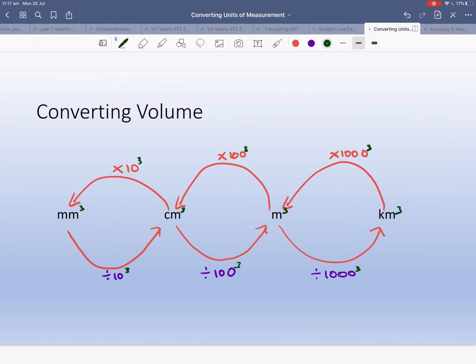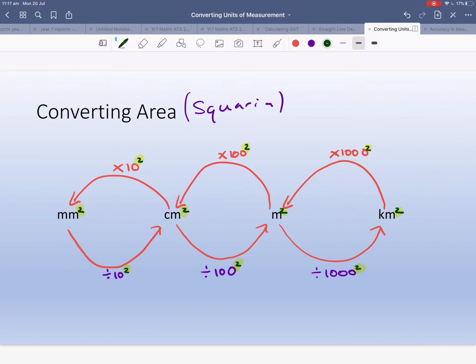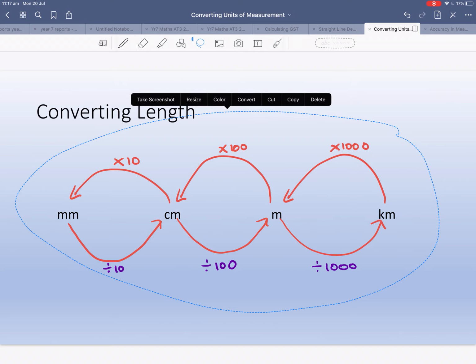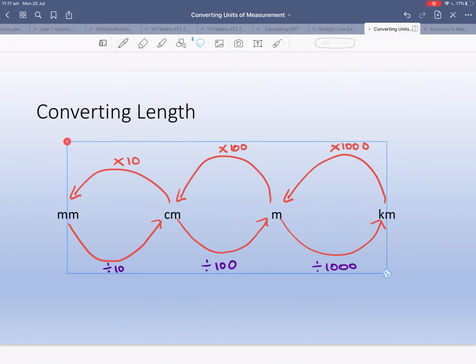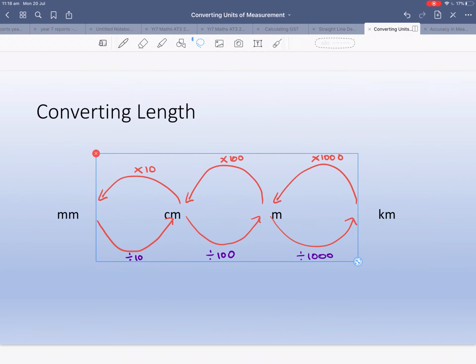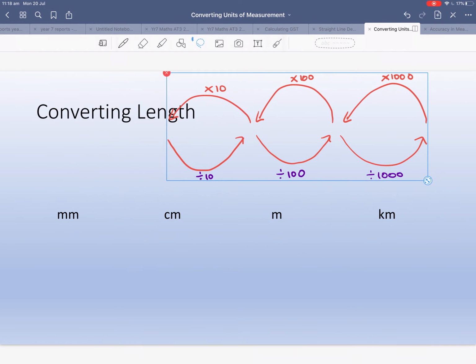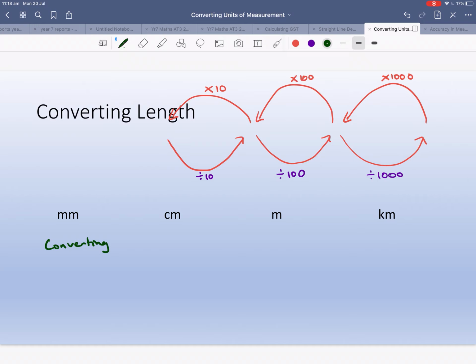Now, there is one length, so I'm going to go back to here, that I want to work with. So I'm going to make this a little bit smaller. I'm going to resize this, make it smaller and move it up here. Okay. And don't worry about that for the moment. And I'm going to say converting mass.